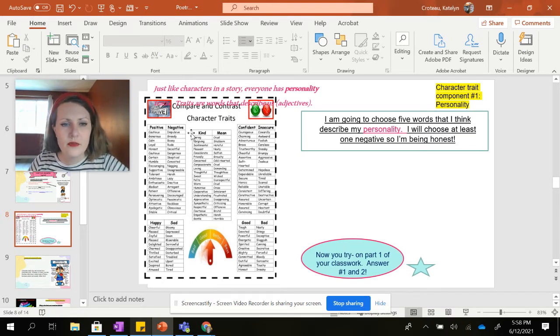What I like about this is that it gives you a lot of variety of words. Sometimes people love to just pick the easiest words. Happy. I'm a very happy person. Okay, well, cool. But look at all these synonyms for happy. So pick a word that's more interesting for yourself instead of just, I'm happy, nice, and funny. I want to hear words that are more 4th grade level words.